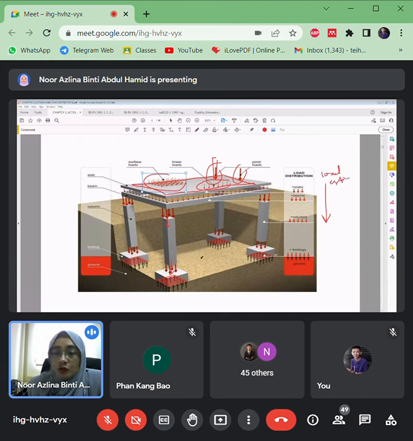But once we want to construct, we have to construct from bottom to top. Okay, so that is two different methods, kan. Kalau nak construct sama macam estimation ni from top to bottom, macam mana? So we have to make the foundation first. Okay, then we move to other levels. So that's why this is a two-way direction between design and also construction.